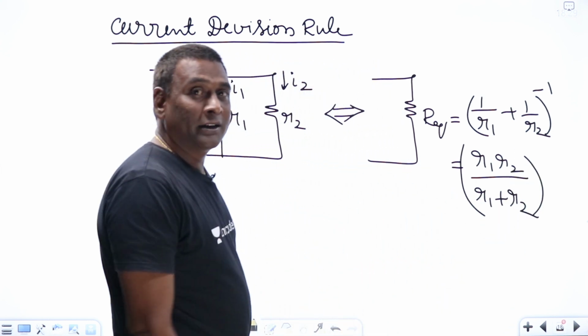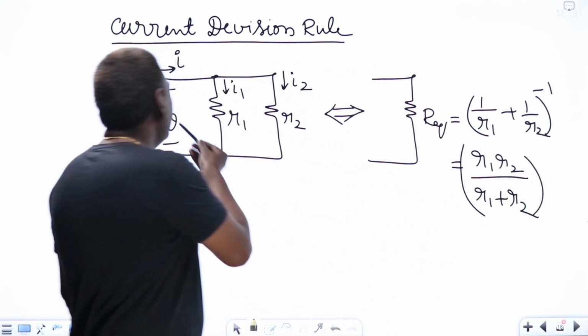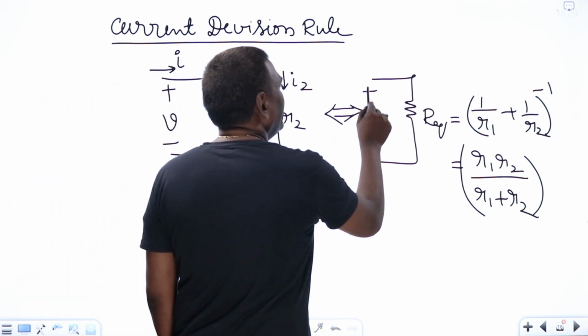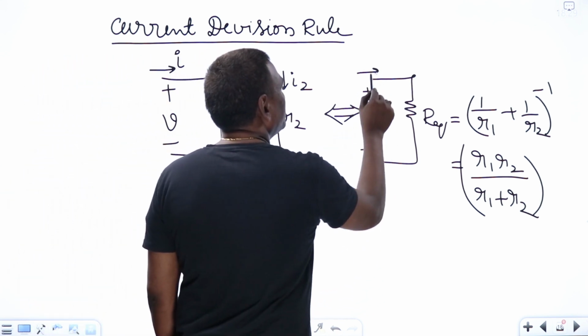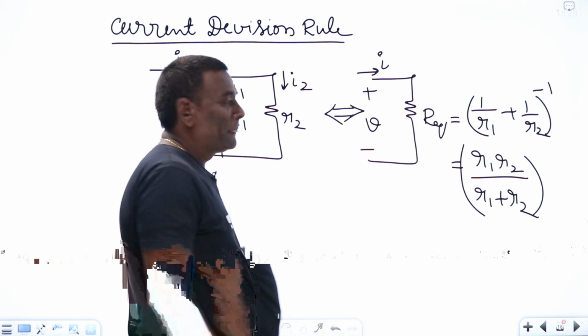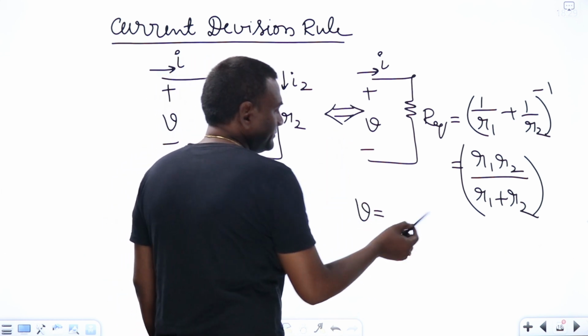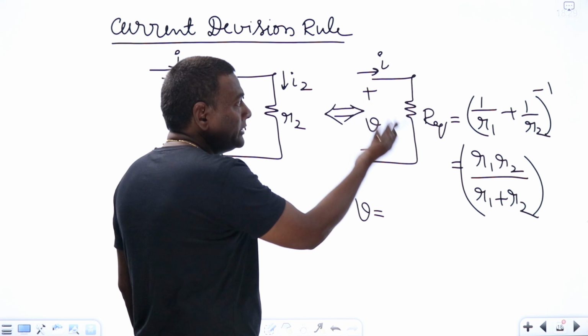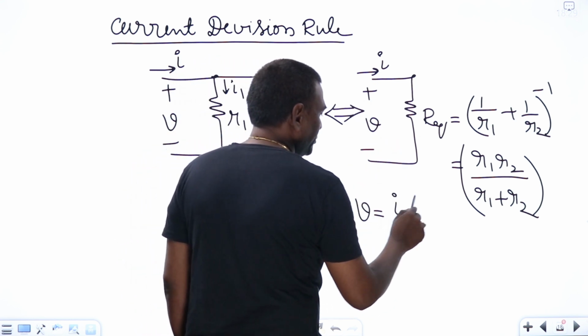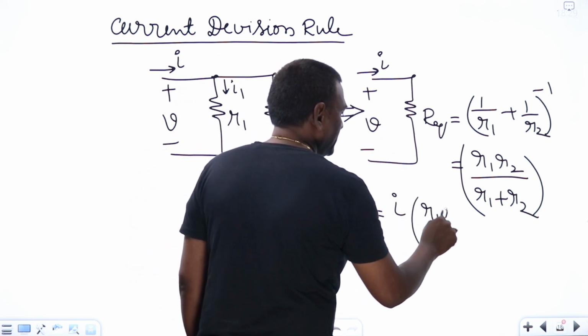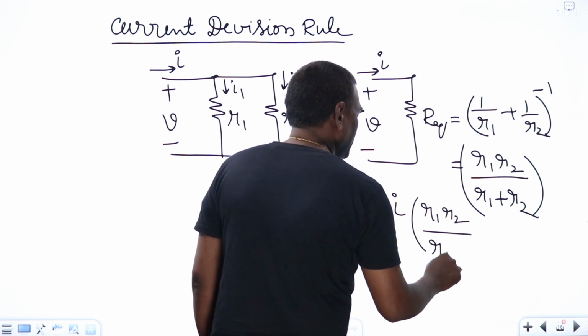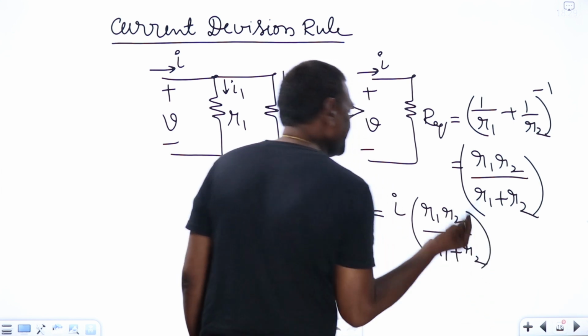Now the same terminal response characteristic should be there. So the moment here I am having V, obviously the same V I am supposed to have here. Now let me calculate voltage here. How much is voltage? Total current into R equivalent. So I into R1 R2 by R1 plus R2.